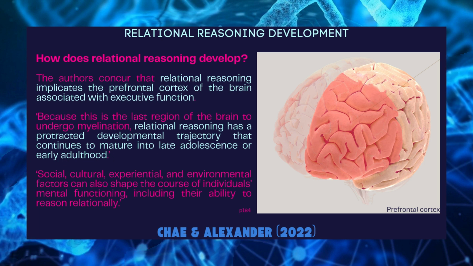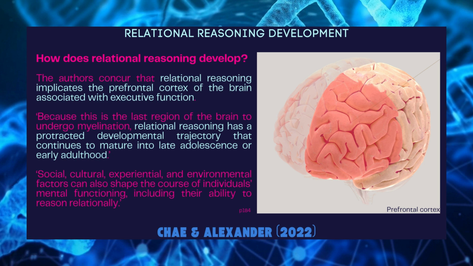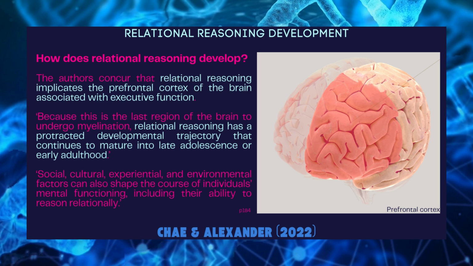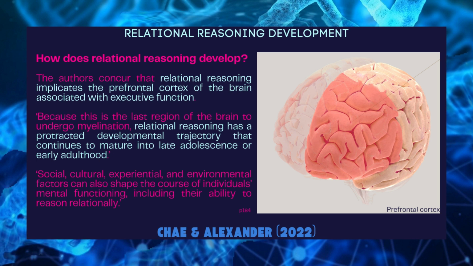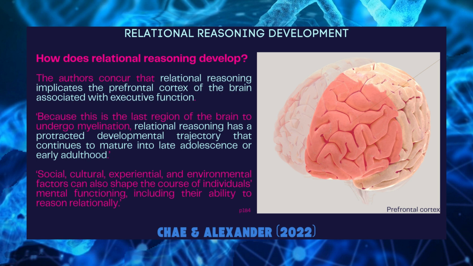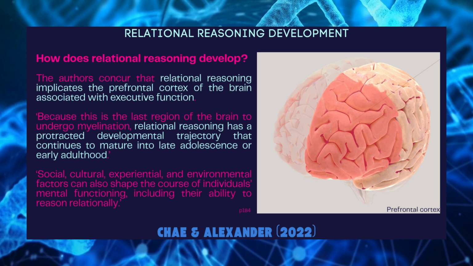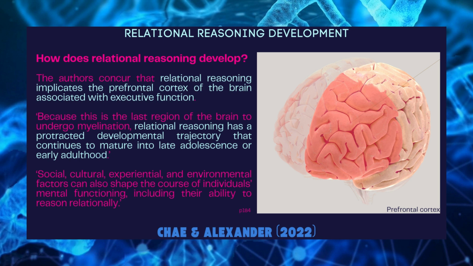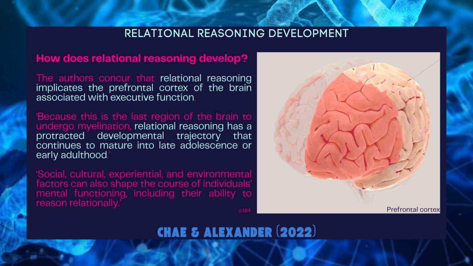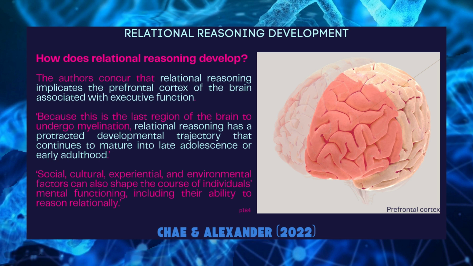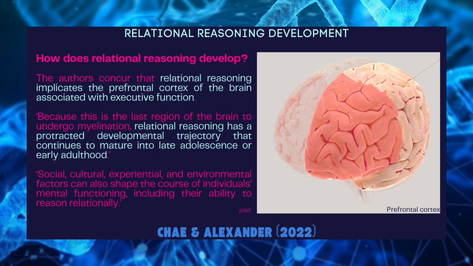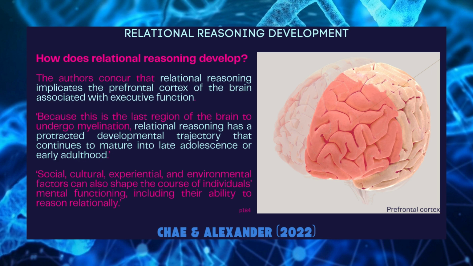Because this is the last region of the brain to undergo myelination, relational reasoning has a protracted developmental trajectory that continues to mature into late adolescence or early adulthood. Social, cultural, experiential, and environmental factors can also shape the course of individuals' mental functioning, including their ability to reason relationally.